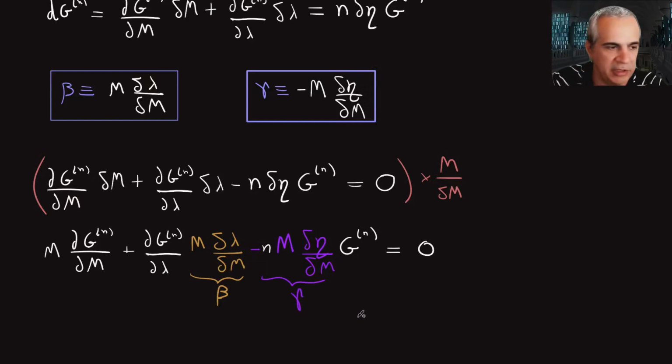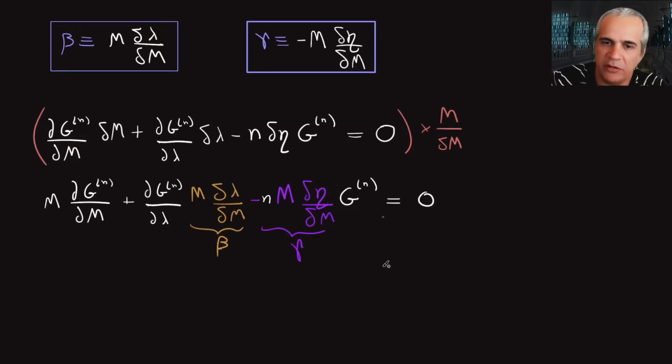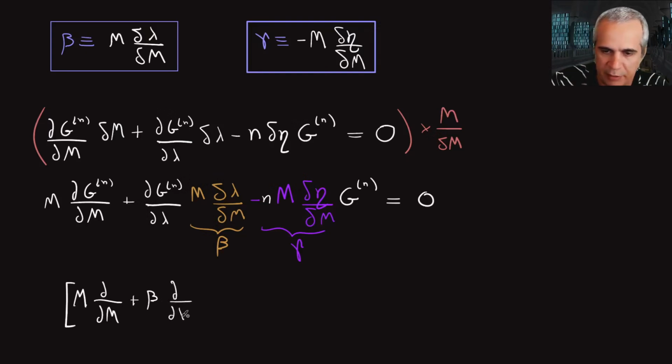The gamma function is here, which allows me now to rewrite this as a differential operator acting on G. Let's write this explicitly like that. M, I have to be careful with my M's, they don't always look that good. Partial derivative in M, plus beta function times the partial derivative in the coupling. Here I just have plus gamma, there's no derivatives, n gamma.